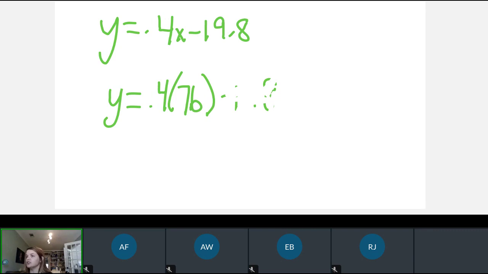Predicting the shoe size means we're trying to find the shoe size. Shoe size is y, so we are solving for y. Find the shoe size of a man who has a height of 76 inches. Instead of x, I'm going to plug in what I know the height is, which is 76. So you are going to type in your calculator 0.4 times 76 minus 19.8, and you'll get a number. That's the number you're going to put into your box there.